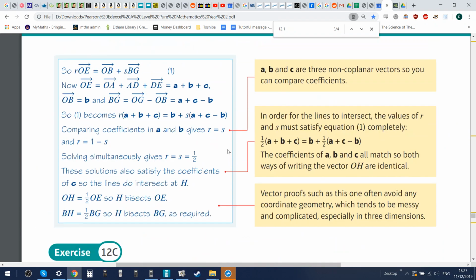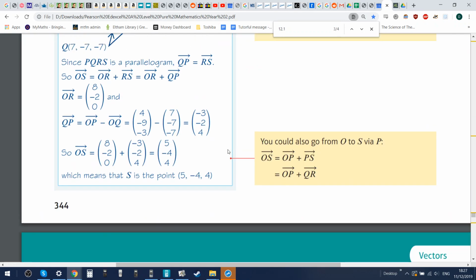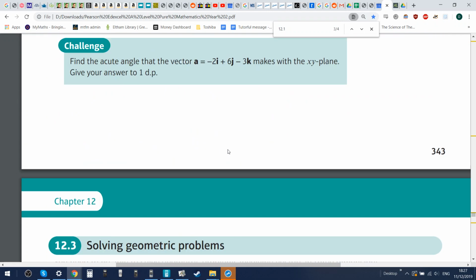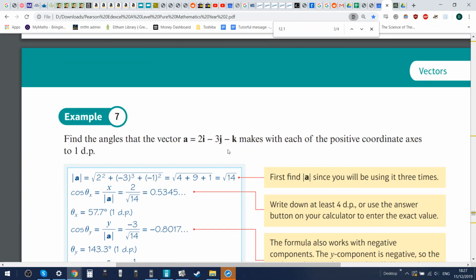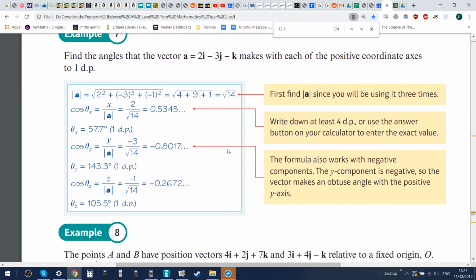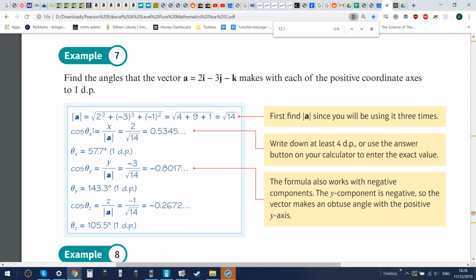Let me look at their example thing. It's not exactly the same. The angle makes with the positive coordinate axis. So they do the magnitude of A. Then they do cos of the angle is equal to 2 over that. So where does this 2 come from? That's the important bit.